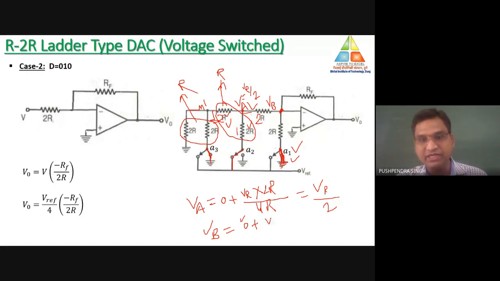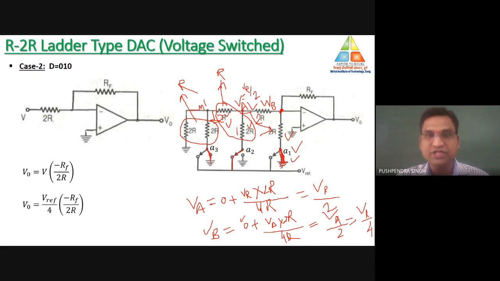The value of voltage is VA multiplied by the opposite side of the resistance, which is 2R, divided by the total resistance, 2R plus 2R, that is equal to 4R. So that is equal to VA divided by 2. And VA is equal to VR divided by 2, so it can be written as VR divided by 4. So VB is equal to VR divided by 4.